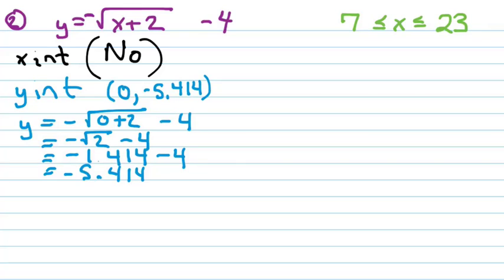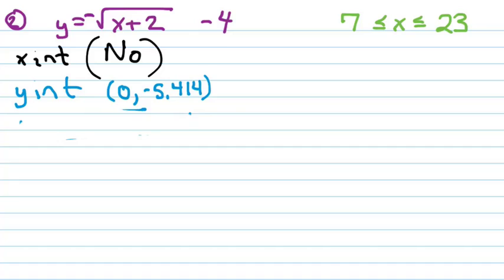Now, I need to find my max and min. If I find my max and min, I'm going to use these two values over here on the side. So I need to find out what's happening at 7 and what's happening at 23.